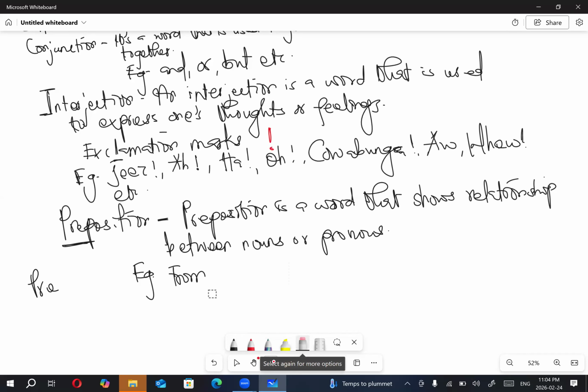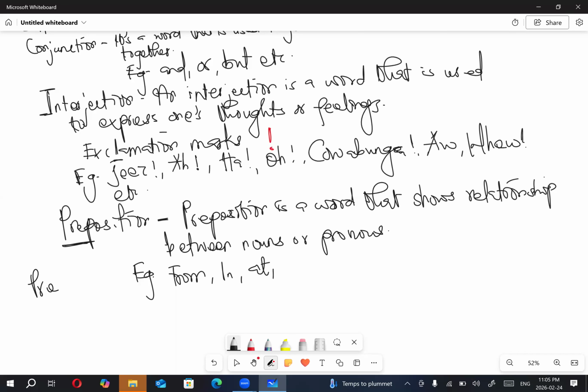In a basket. Basket is a noun. In is a preposition, right? At is also a preposition. At St. John's. At is a preposition. St. John's is a name of a place, which is a noun, right?